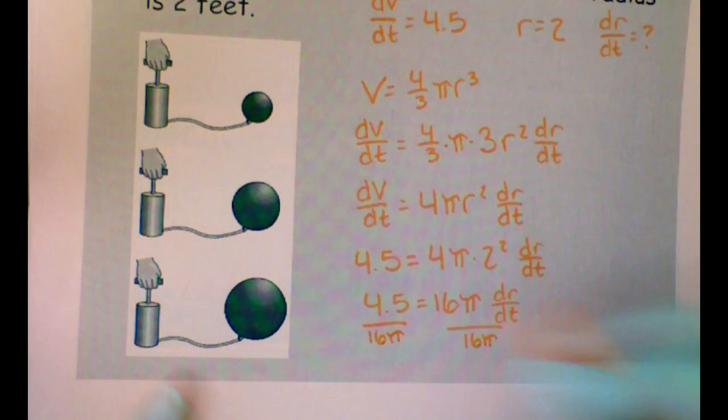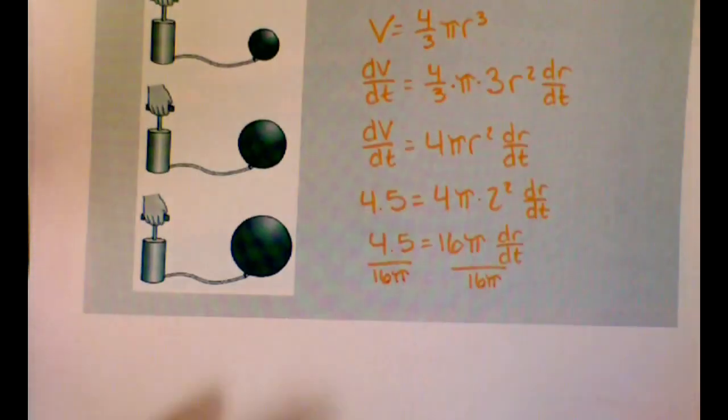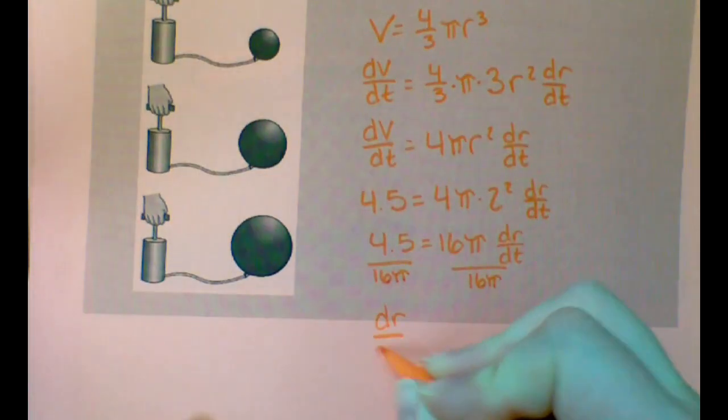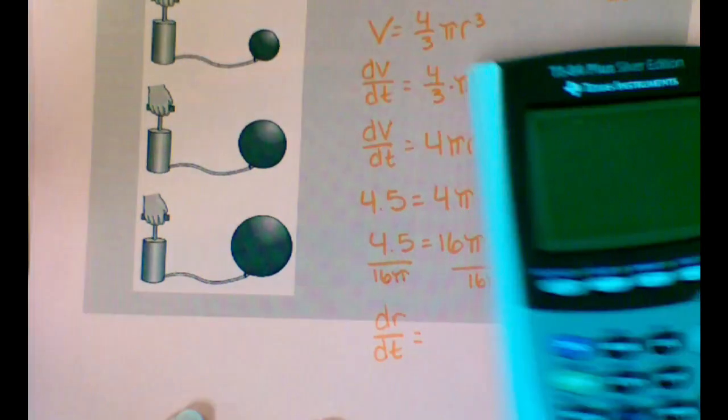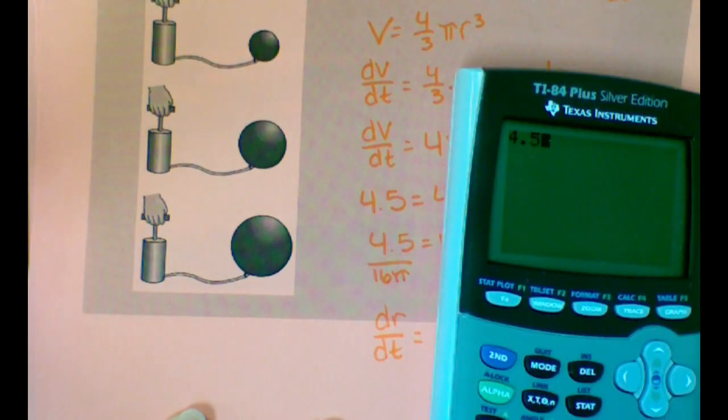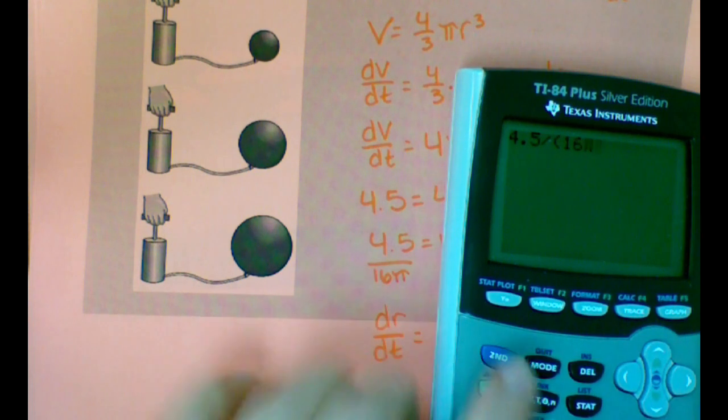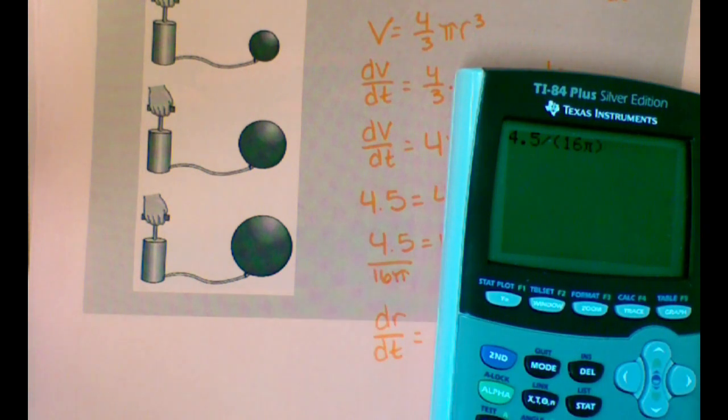You could leave it as 4.5 over 16 pi, or you can turn it into a decimal. Make sure that when you turn it into a decimal, you take 4.5 divided by, and then put parentheses around your 16 pi. Because otherwise your calculator will divide by 16 and then multiply by pi.